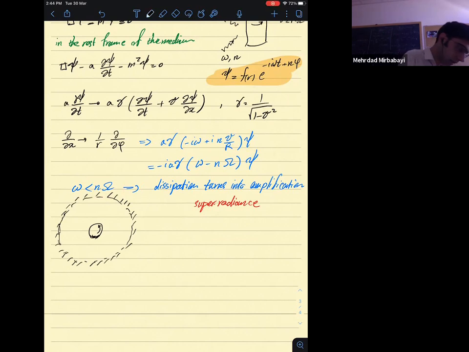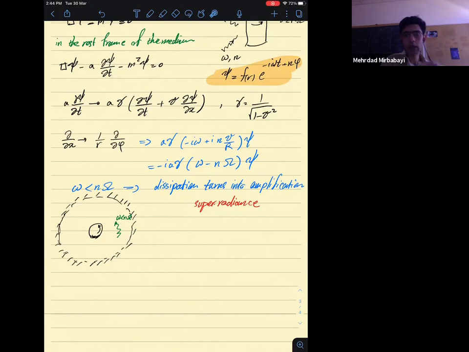We send inside this cavity a wave with omega less than n omega. As this wave bounces back and forth in this cavity and interacts with the rotating cylinder, it keeps getting amplified.